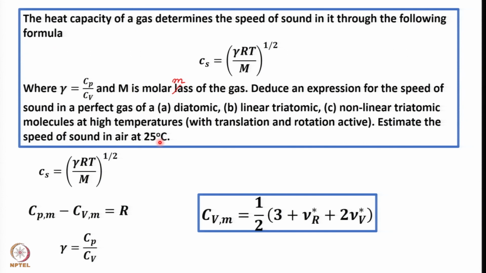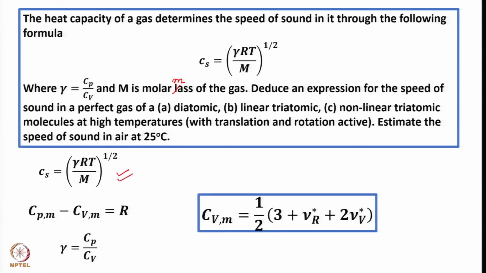The heat capacity in the given question is represented as the ratio of Cp and Cv, and we need to deal with diatomic, linear triatomic and non-linear triatomic molecules at high temperatures. Then it says estimate the speed of sound in air at 25 degrees centigrade. All right, let us see how to proceed.